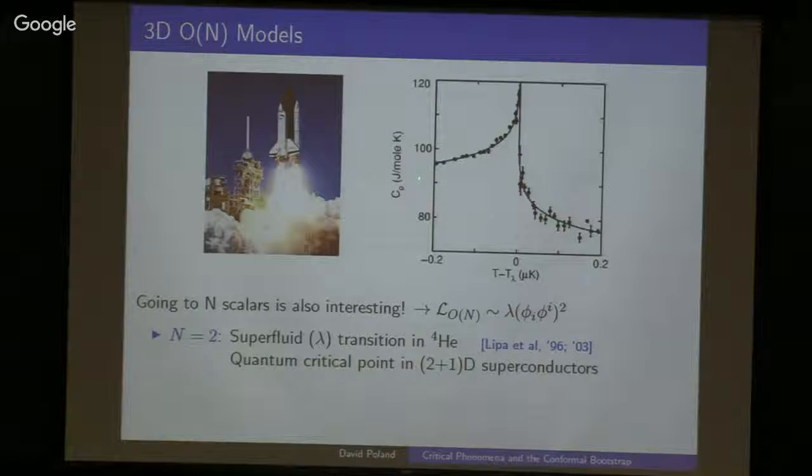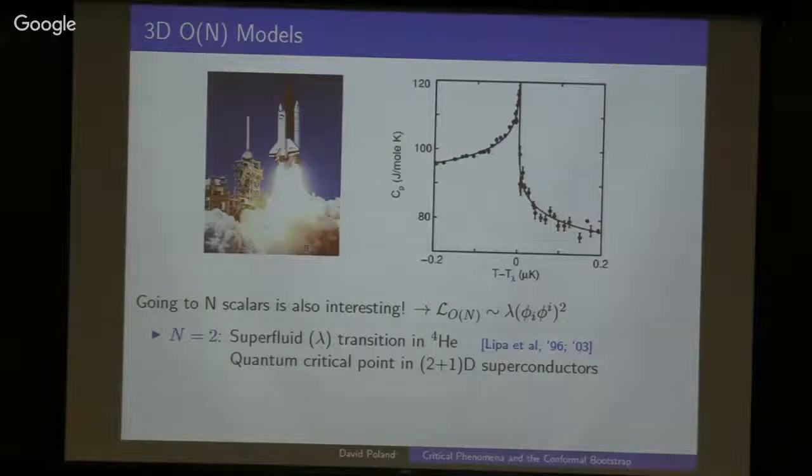And it took a bunch of data for the heat capacity of helium-4 as it crosses the superfluid transition or the lambda transition. And from this data, you can extract power law behavior of the heat capacity as it crosses the transition. And from there, you can extract a critical exponent. And from that, you can infer one of the scaling dimensions in the O(2) model. Okay, so we have this very precise experimental data that we can try to compare with.